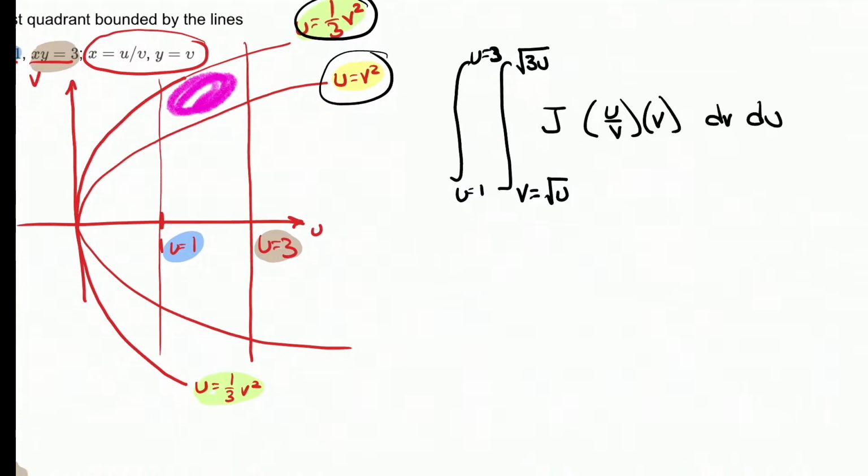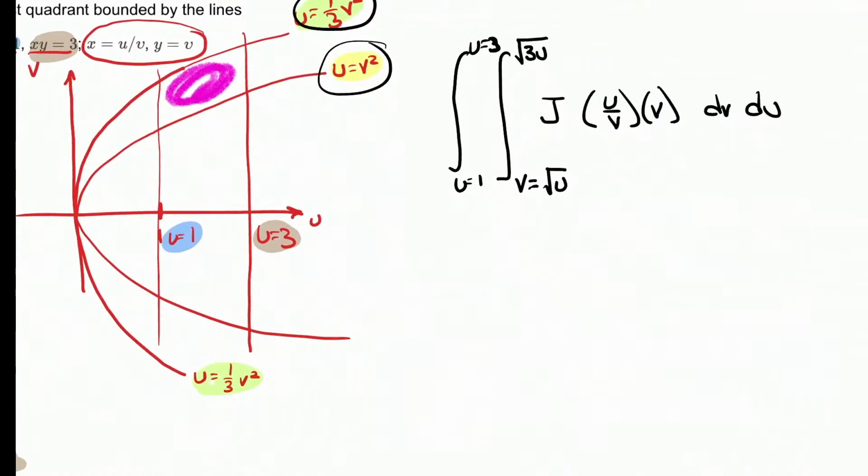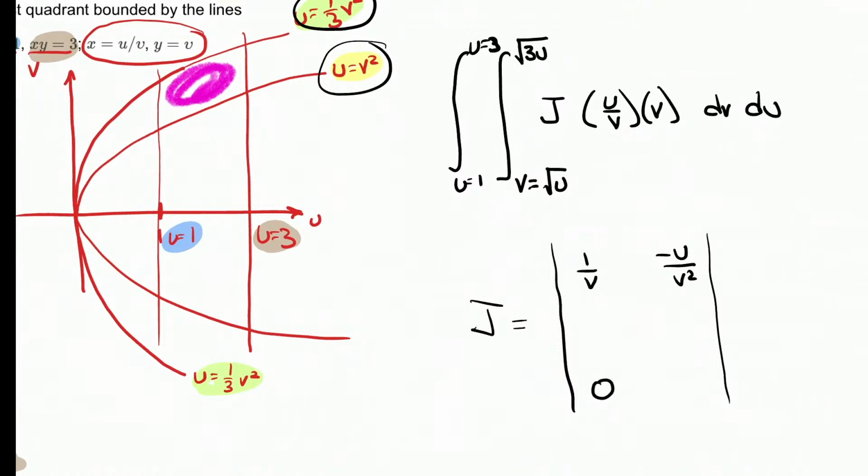So let's just grab our Jacobian, and then we'll be all done. So the Jacobian, let's see, I'll just draw it like this, because this is the way I like to think of it. The derivative of x with respect to u is 1 over v. The derivative of x with respect to v is negative u over v squared. The derivative of y with respect to u is 0. The derivative of y with respect to v is 1.